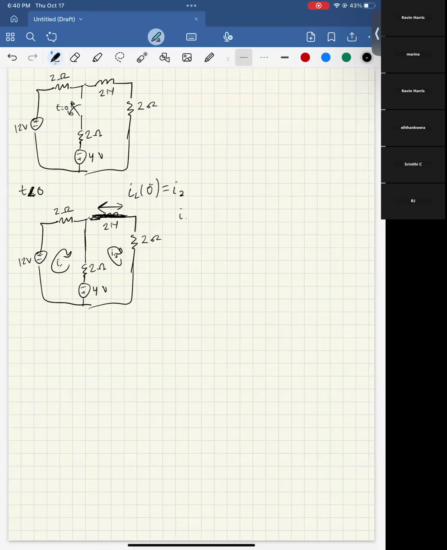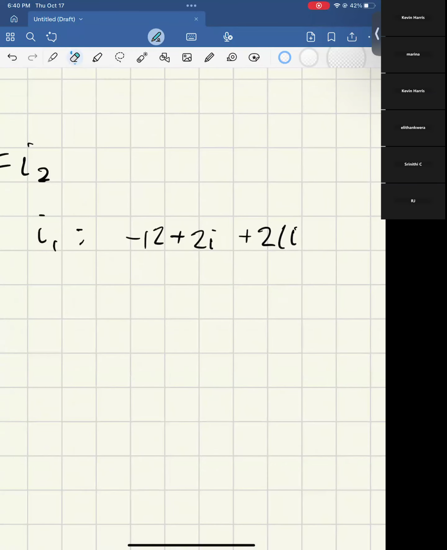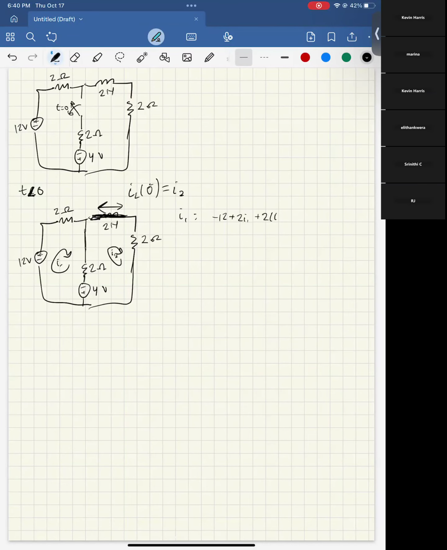So for I1, we're going to have minus 12 plus 2 I1 minus I2, minus 4 equals 0. Sorry, not I2 at first; here it's a plus, actually, no, it's another minus. And we can simplify this a fair amount.